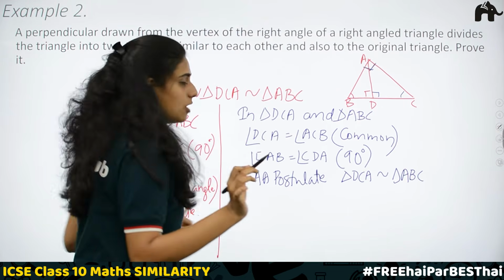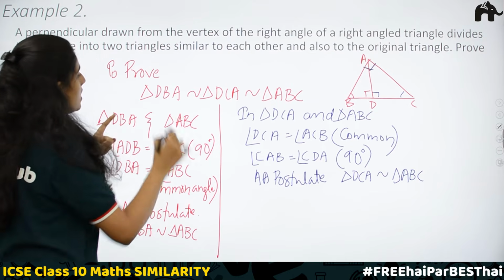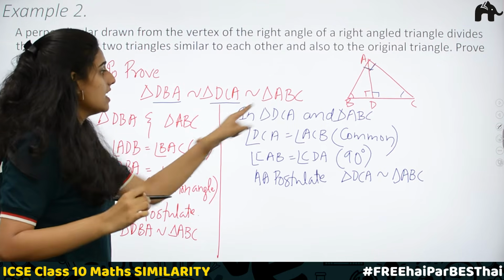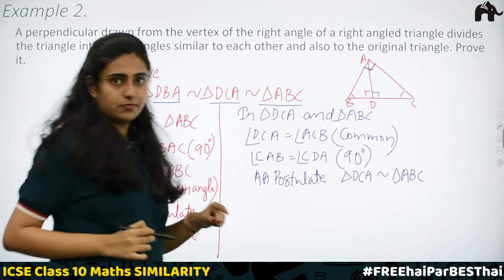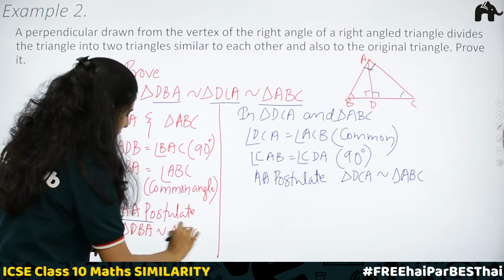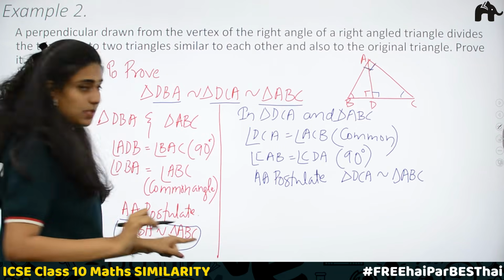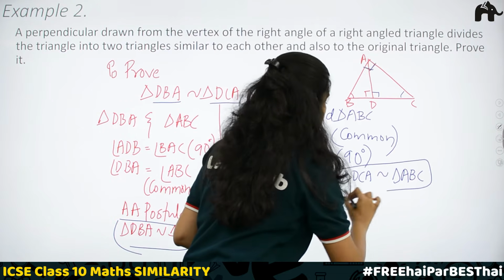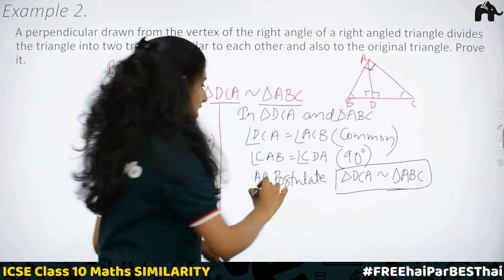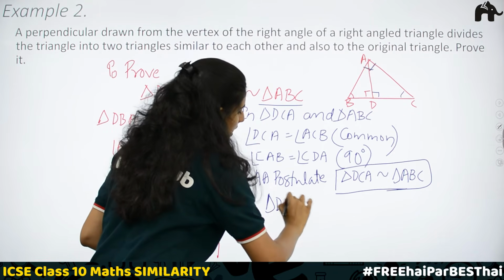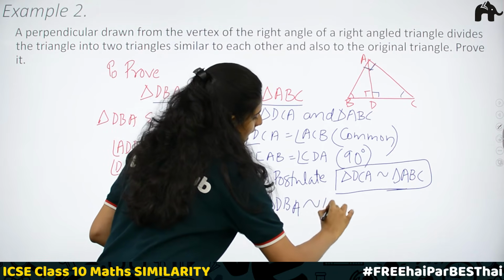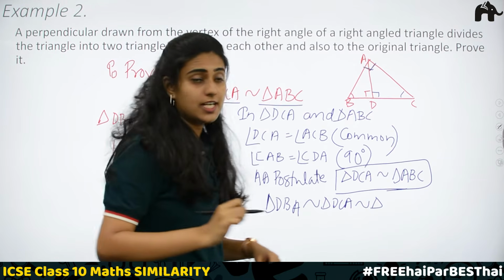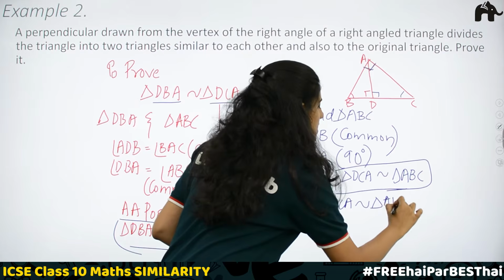So this is what our proof is. We had to prove triangle DBA similar to triangle DCA similar to triangle ABC. We have got triangle DBA similar to triangle ABC and triangle DCA similar to triangle ABC. That is triangle DBA similar to triangle DCA similar to the original triangle ABC.